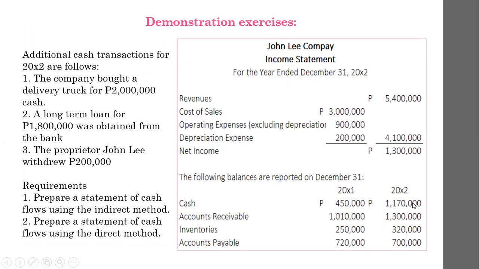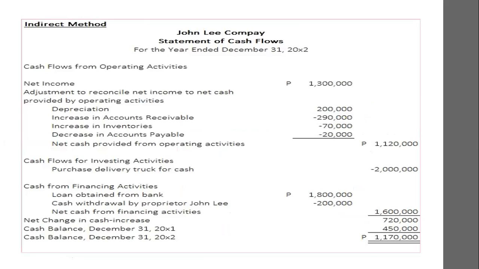Okay? So, ito po, 1,170,000. Okay po? So, yun po yung lagi nyong titignan. Dapat po, sa binigay sa inyo na exercise, para ma-check nyo na tama yung sagot nyo, dito kayo mag-base sa cash balance ending. Okay? Pag nag-balance na po yan sa ginawa nyo na statement of cash flows dito sa cash balance ending, automatic tama po yung ginawa nyo. So, yun po yung tip natin.